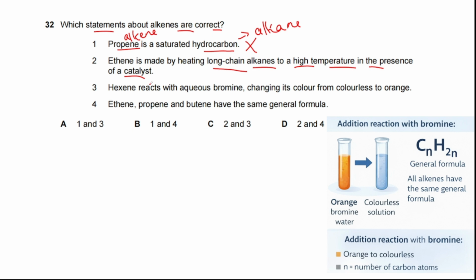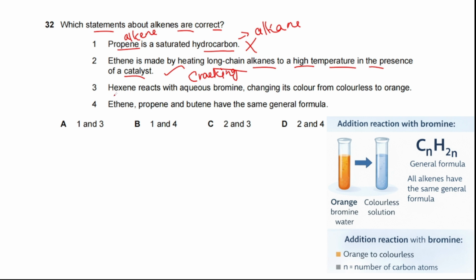This is what we call the cracking method. So it is correct. You can get ethene from long chain alkanes, and when they break down, we call that method cracking. One of the products is an alkene. So option 2 is a correct statement.